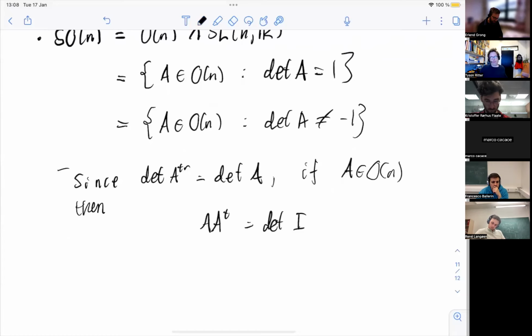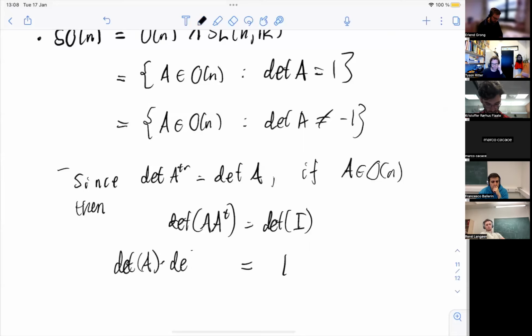That means that if I take the determinant of that one, it should be the determinant of this one. So here I have 1, here I have the determinant of A times the determinant of A transposed.